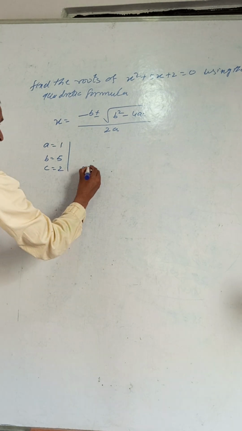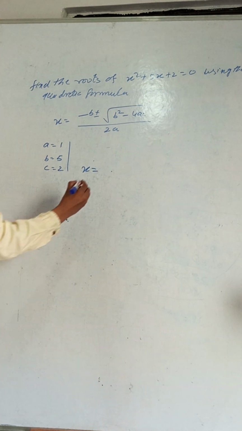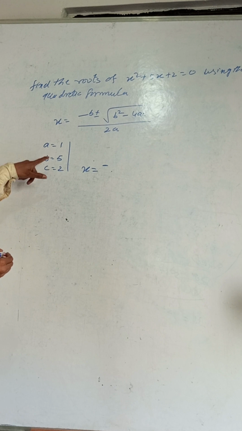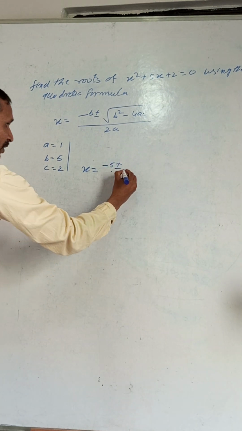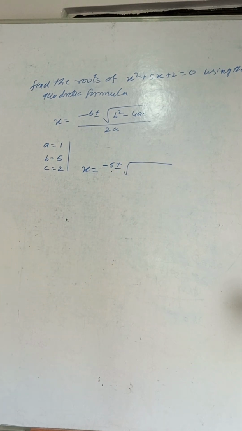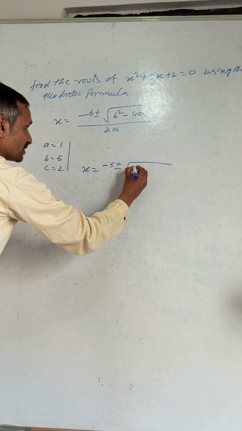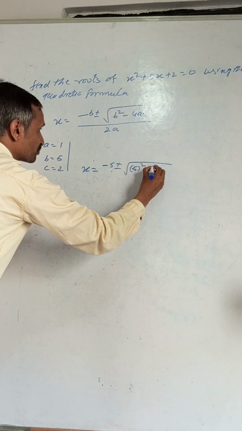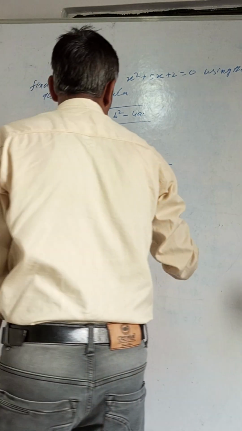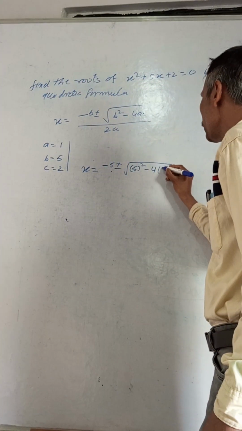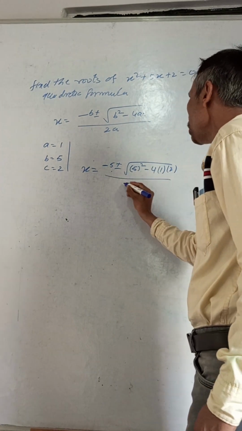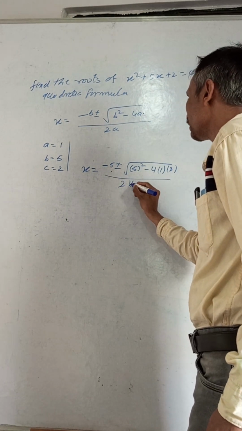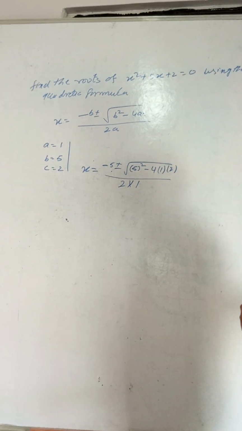So x is equal to minus b, minus 5, plus or minus the root of b square, 5 square, minus 4 into a, which is 1, into c, which is 2, divided by 2 into a, a being 1.